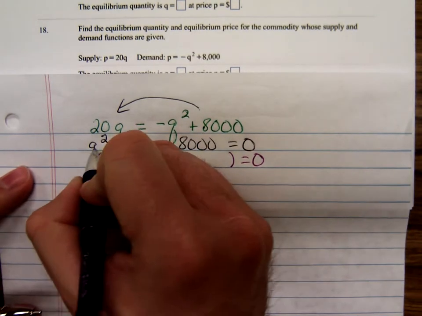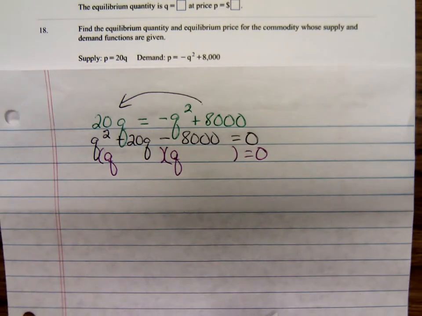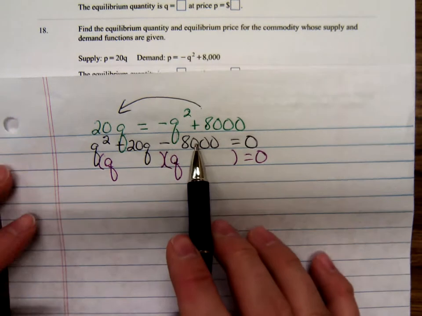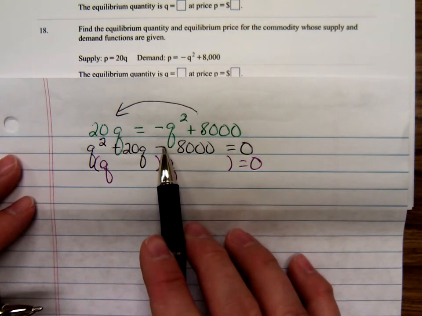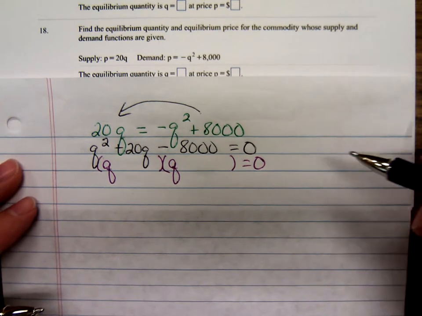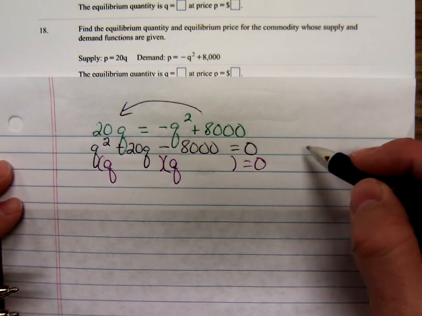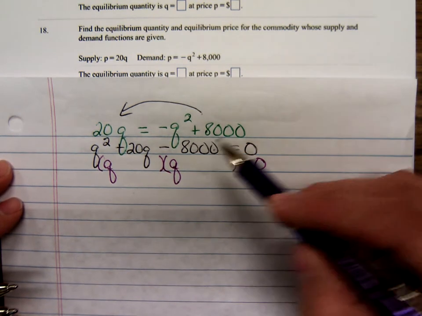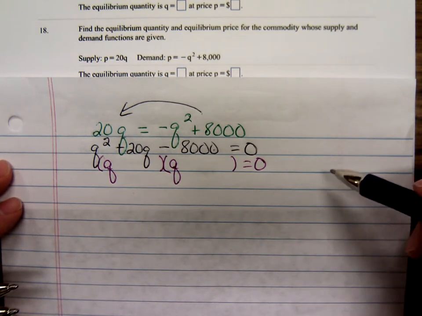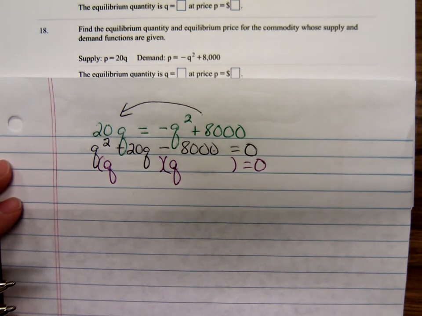That'll give me Q squared, or Q times Q. And then I need numbers that multiply together to give a negative 8,000. In algebra classes, I'll generally start writing out the pairs of numbers that multiply together, like 1 times 8,000, 2 times 4,000. But in algebra, generally we have smaller numbers than this.